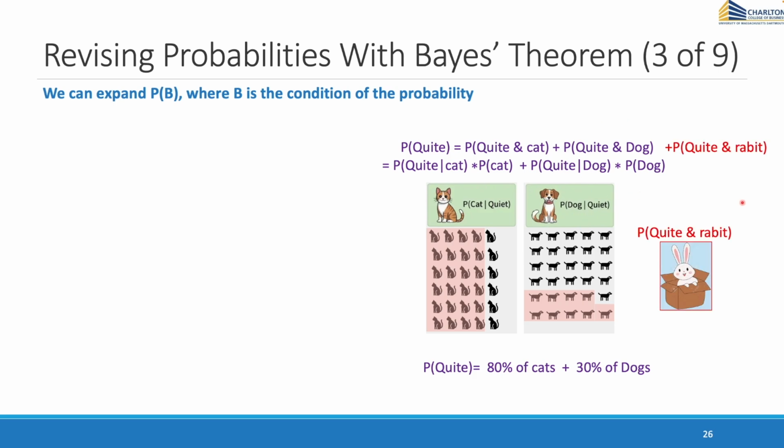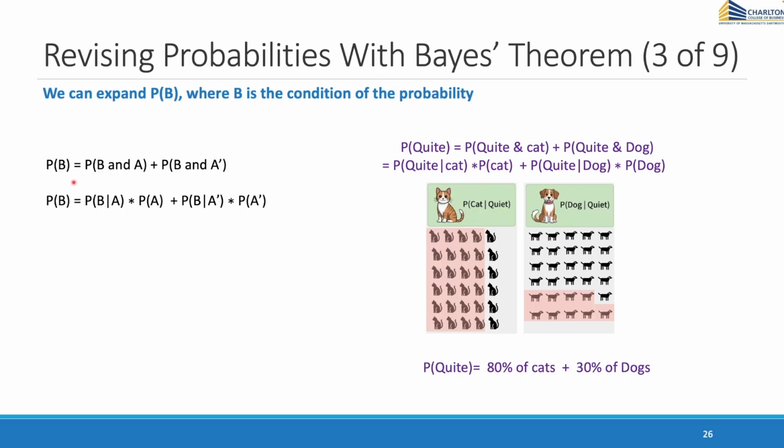Notice that if we have another condition like a rabbit in the box, then we need to add it to the condition probability. So we need to add the probability of being quiet and the rabbit. But for now, let's forget about that and stick to the two conditions that we have. Either it's a cat or a dog.